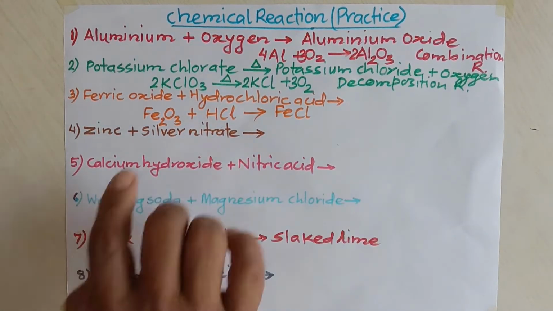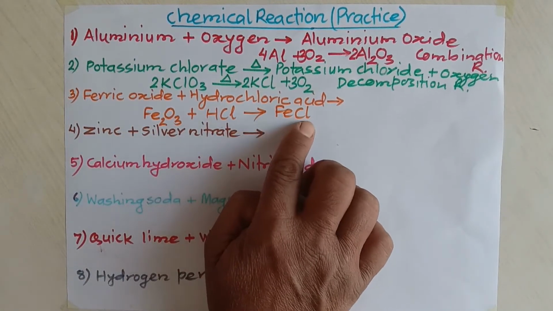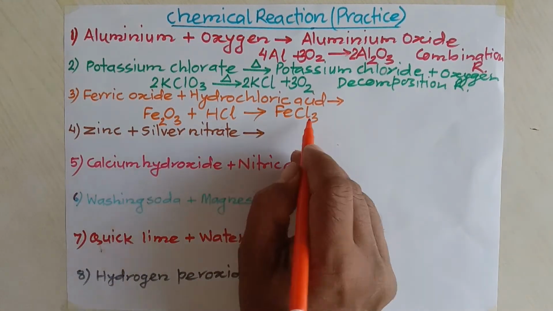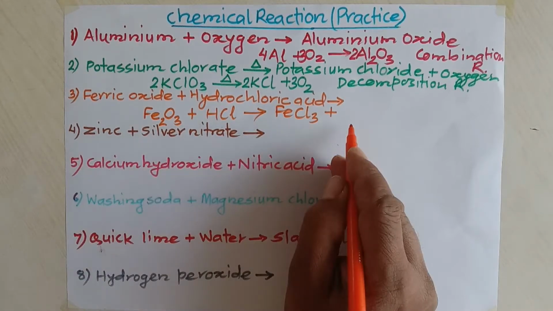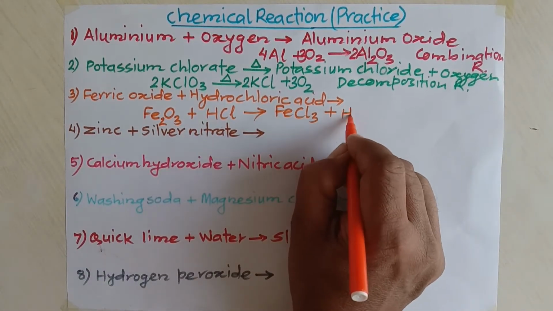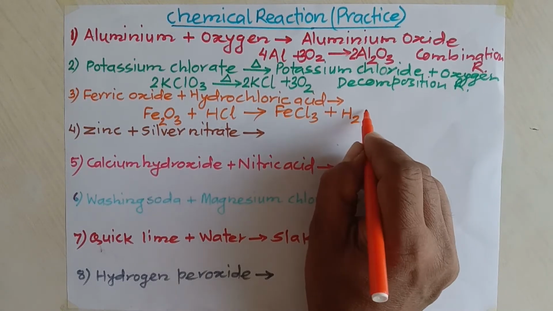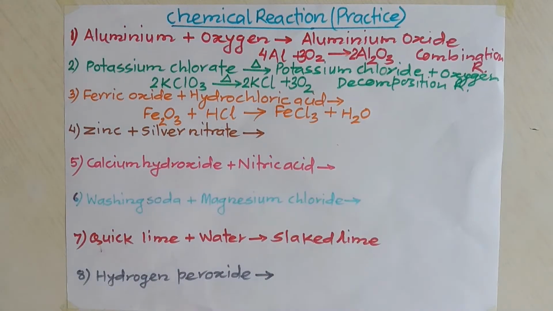Now here the valency of iron is 3. That's why we are making ferric chloride. Iron valency 3 should be transferred to chlorine. Chlorine 1 we don't have to transfer. Plus now another product I told you, one is salt, another is water. When acid reacts with base, salt and water form. This is the chemical reaction.